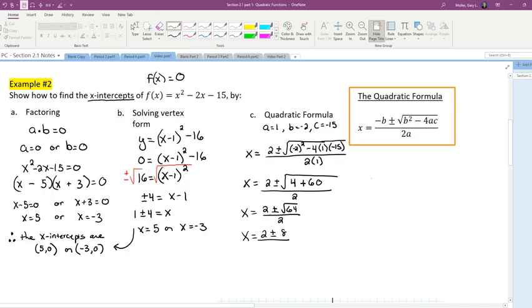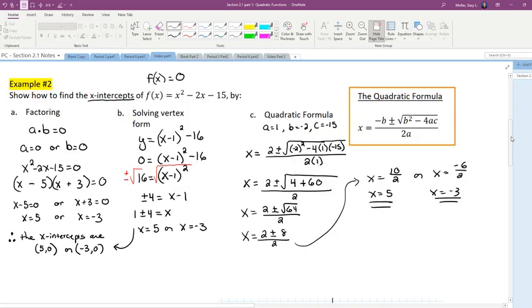So x equals 10 over 2, or of course 5, or x equals 2 minus 8 is negative 6 over 2, which of course is the same answer we got before.